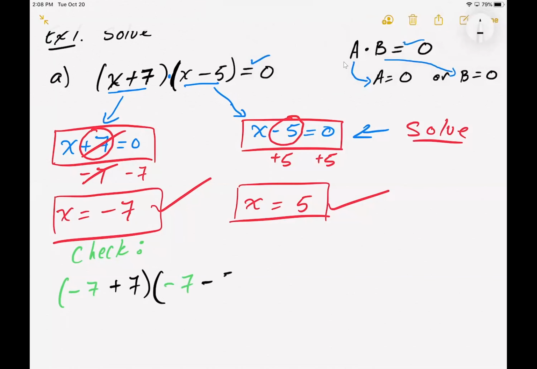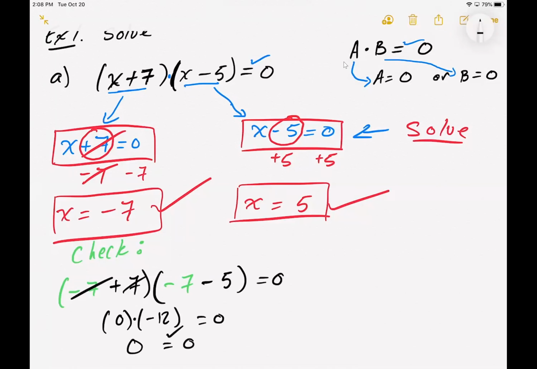Negative 7 plus 7 gives me a 0. Negative 7 and negative 5 give me a negative 12. Do you agree that 0 times negative 12, anything times 0, will be equal to 0? And again, as you can see, 0 is equal to 0. That's one of my answers, negative 7.